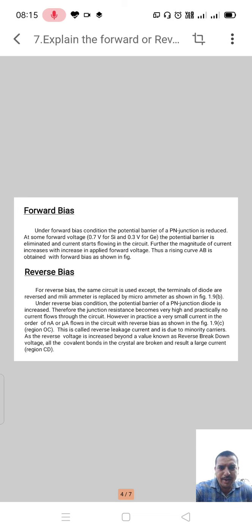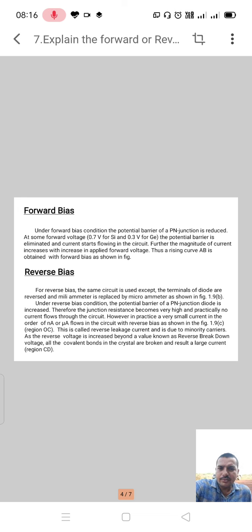Further, the magnitude of current increases with increase in applied forward voltage. Thus, a rising curve AB is obtained, as shown in the figure on the last slide. That is forward bias VI characteristics.